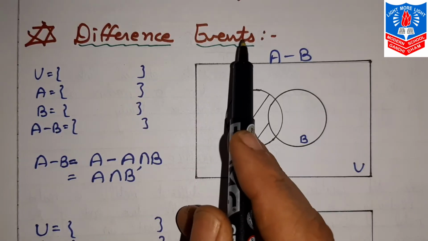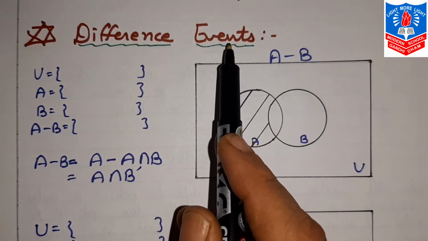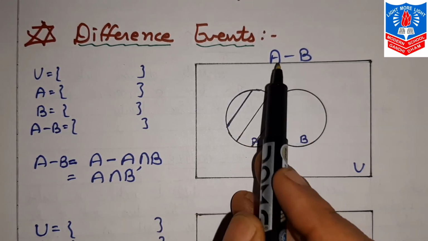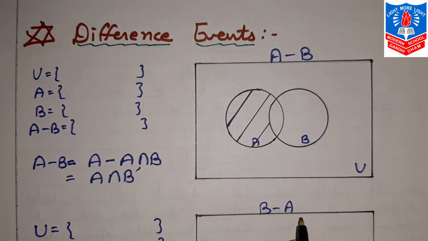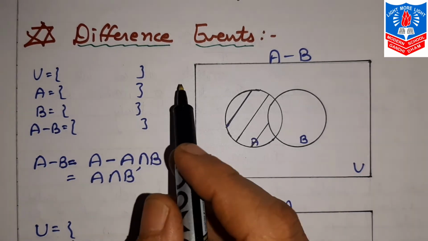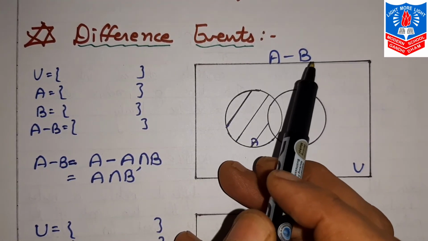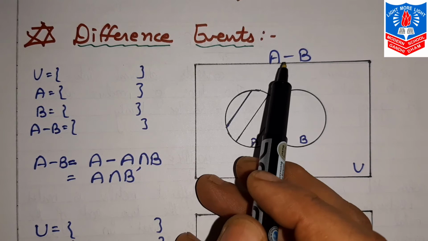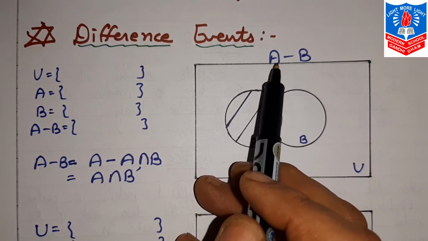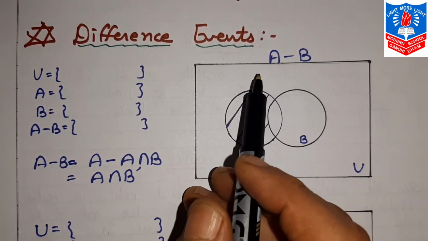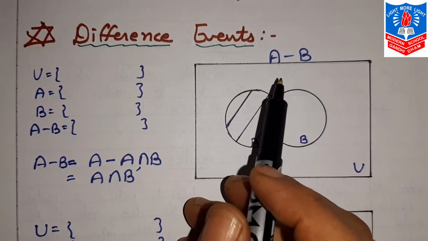Now the next is the difference event. These difference events are two: one is A dash B, another is B dash A. Let us first discuss A dash B, which we call the difference event of A. What is the difference event of A?